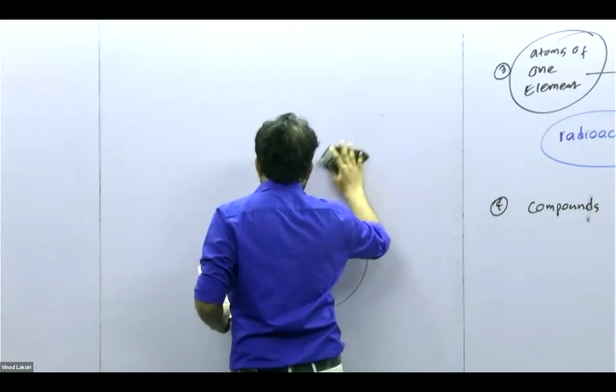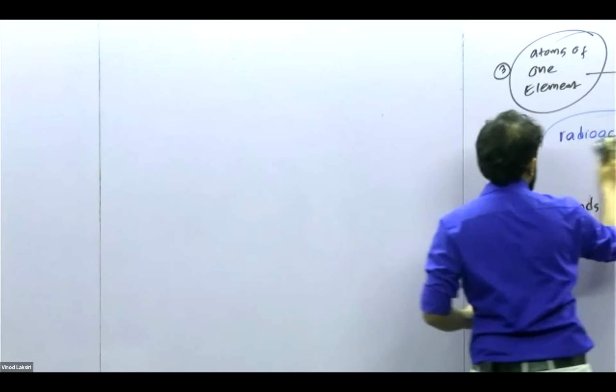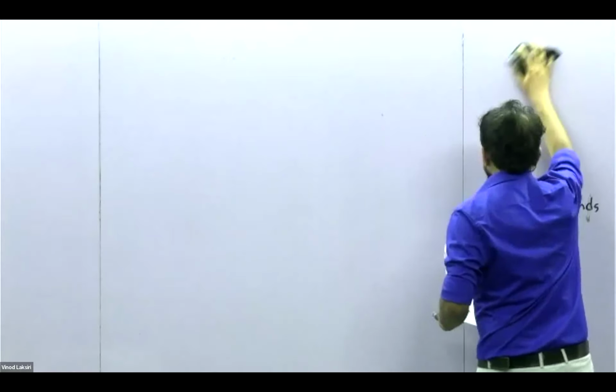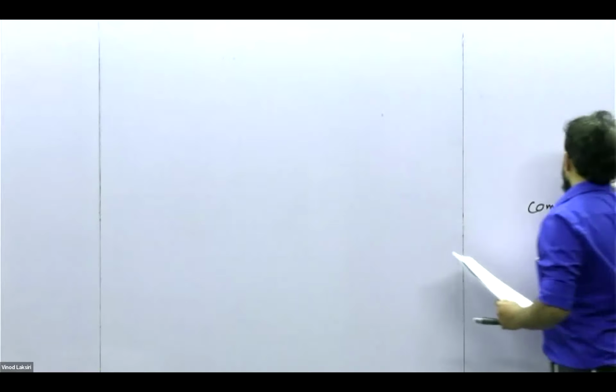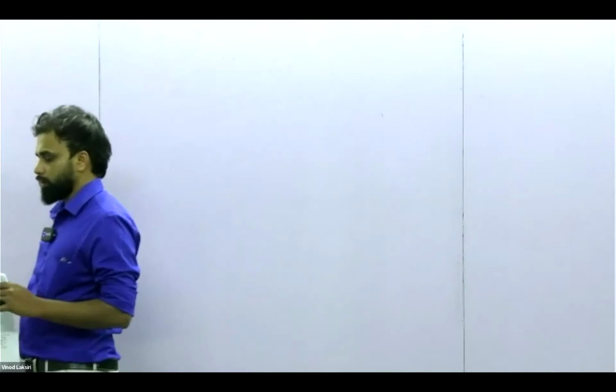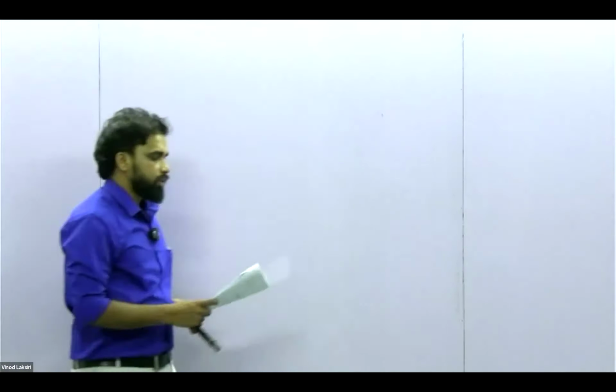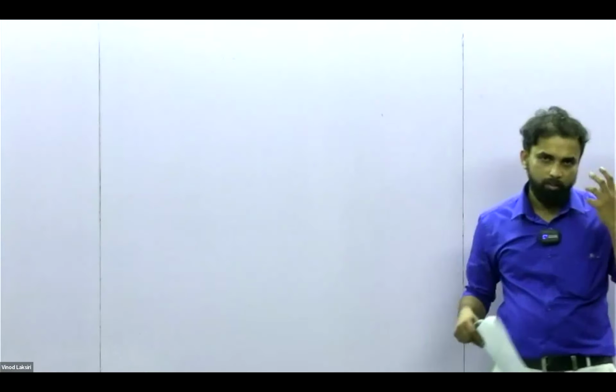Therefore, the Dalton atomic theory is known as the golf ball model, right? That means simply, John Dalton introduced the atom like a golf ball. It's a simple thing.